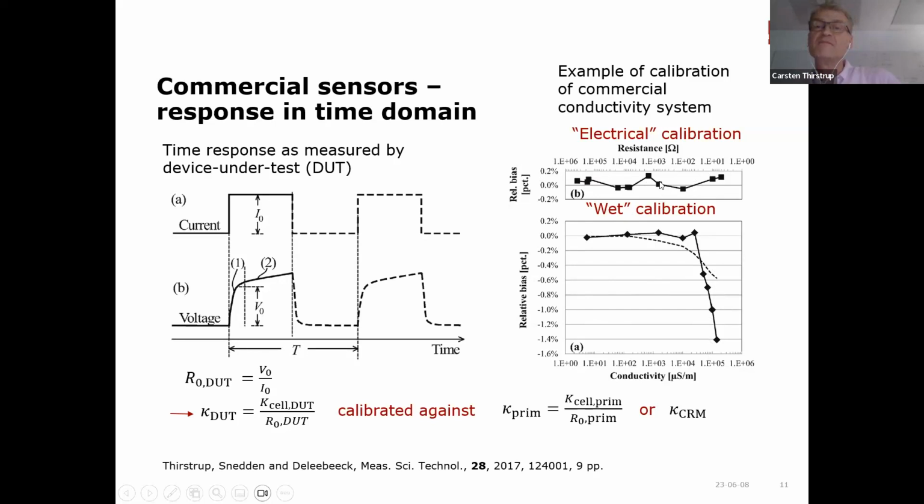But if you do that, for instance, if you take a calibration point here and then assume that the instrument behaves in the same way at lower conductivity levels, then you will get an error which may be of the order of 1%.